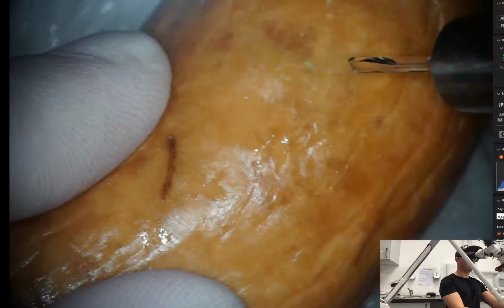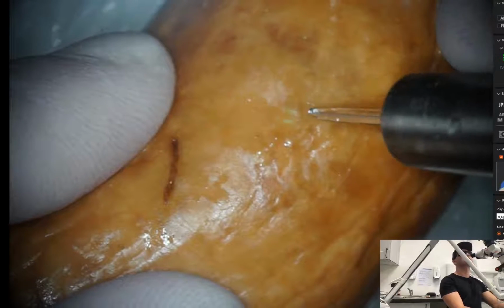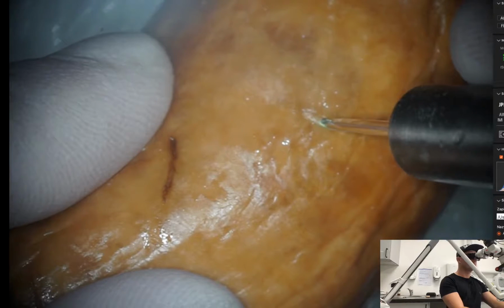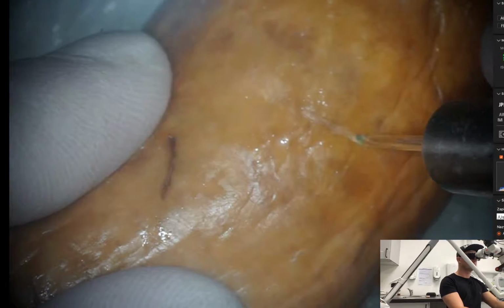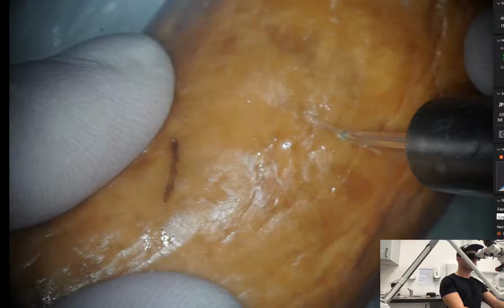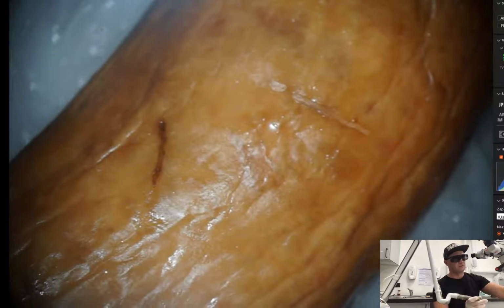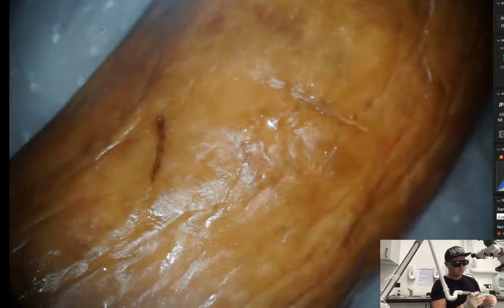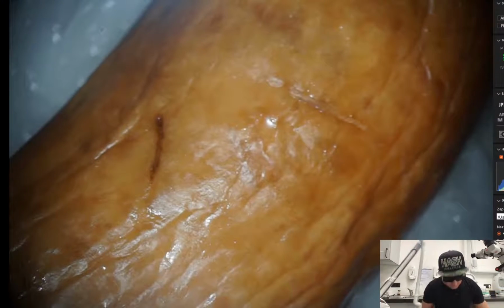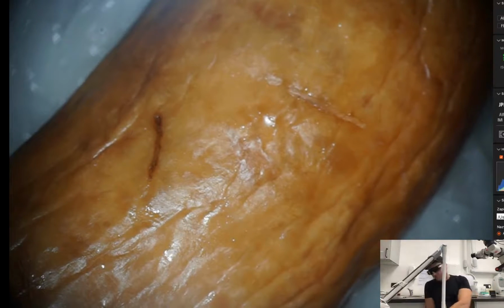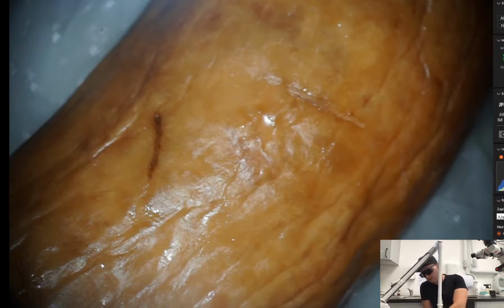Okay, so as you can see, we performed a cut, no coagulation, just a clean cut, but the edges are a little sharp.